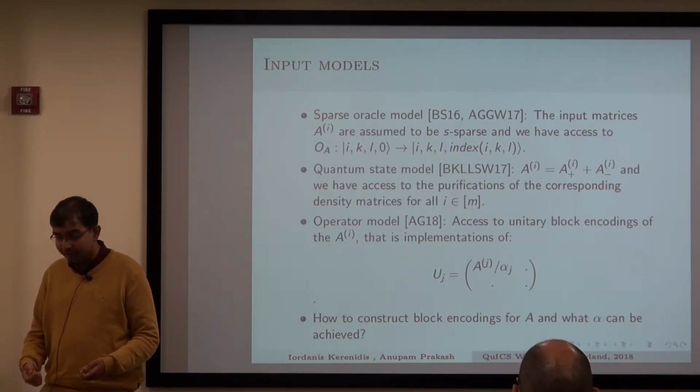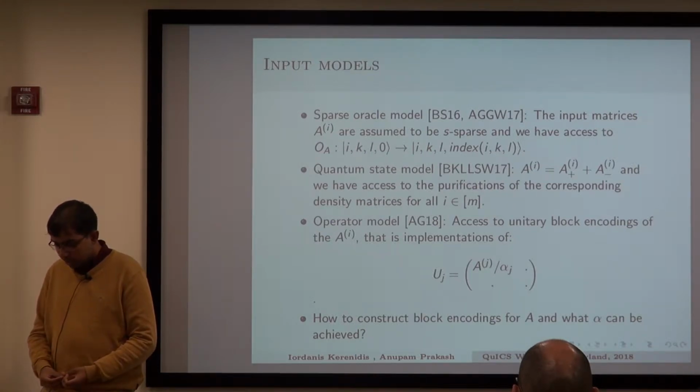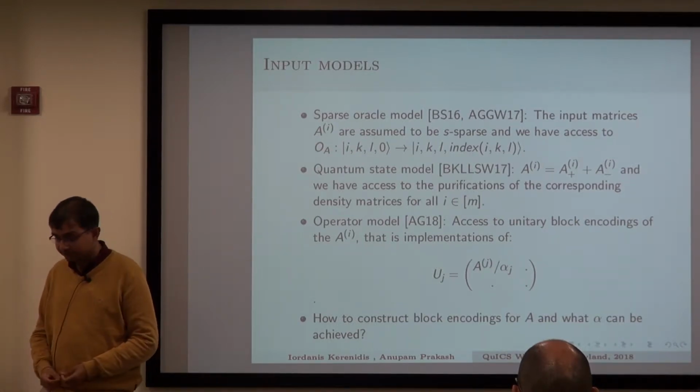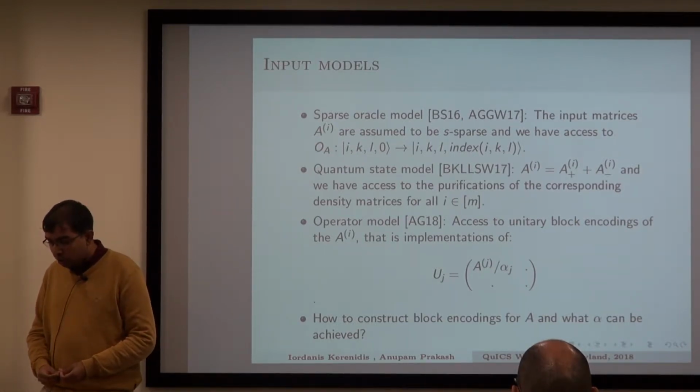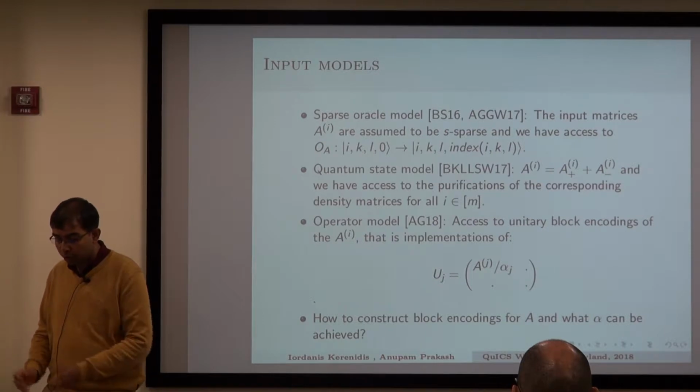It's a unitary matrix U_j, which has a scaled version of A_j in the top left corner. And we assume that we can efficiently implement this unitary U_j, like there's a quantum circuit that implements U_j for me. So the operator model will be the most relevant for this work. So we'll be thinking mostly about the operator model.